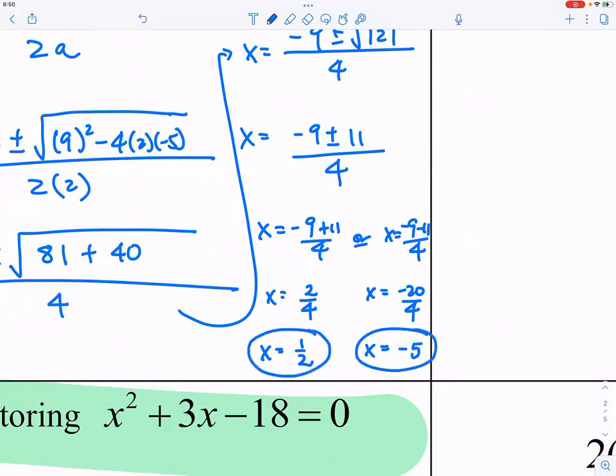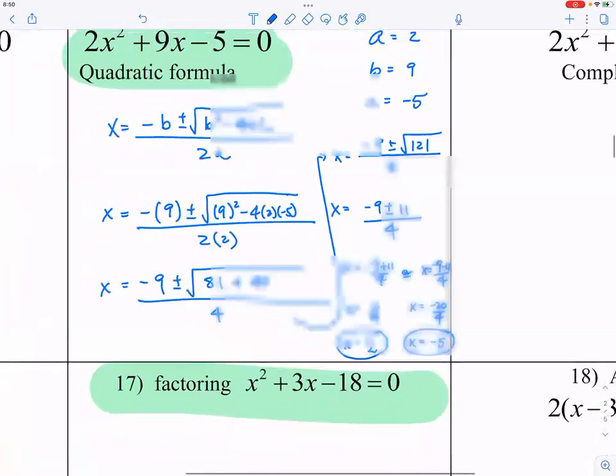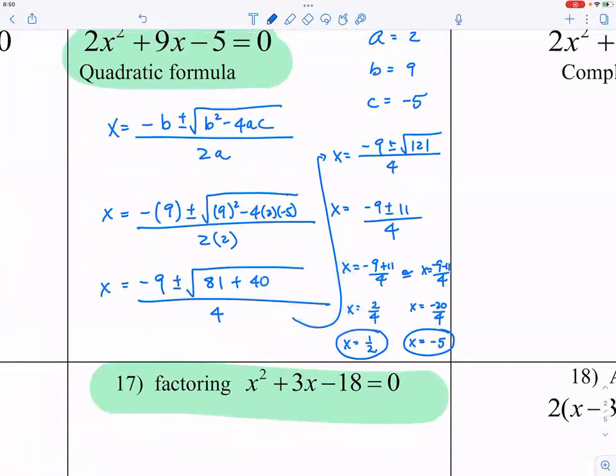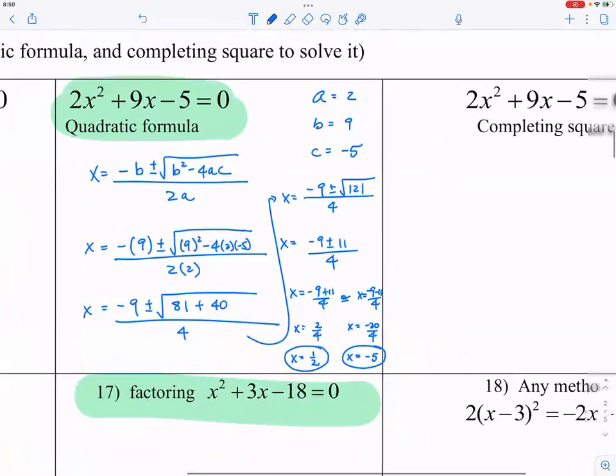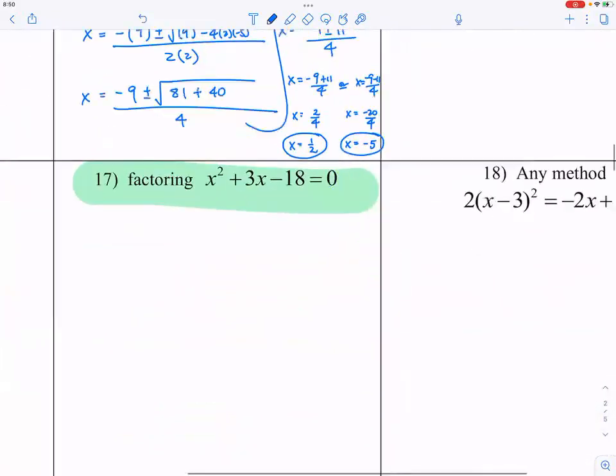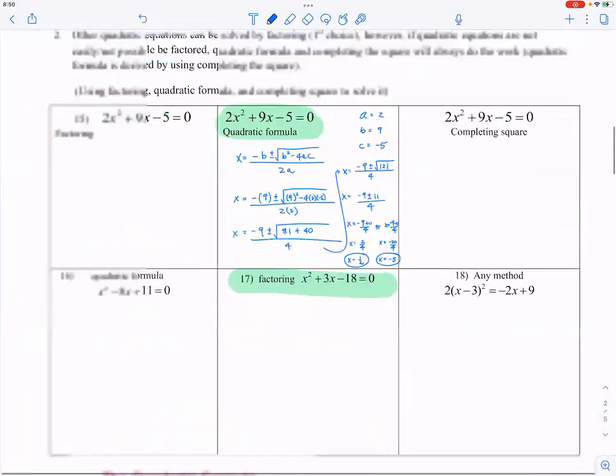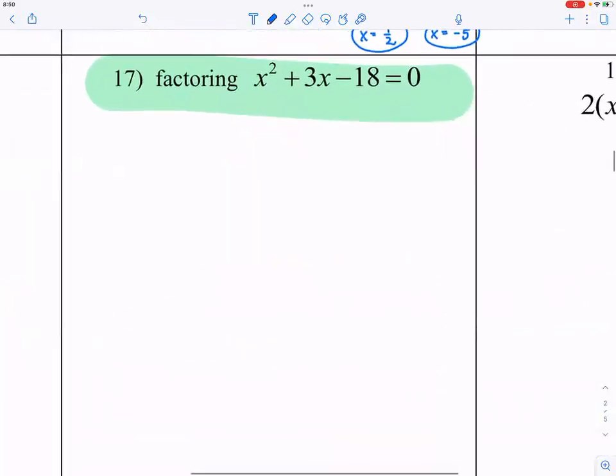So with the quadratic formula, you find that x could be 1/2 and x could be negative 5. Easy. Just substitute numbers.